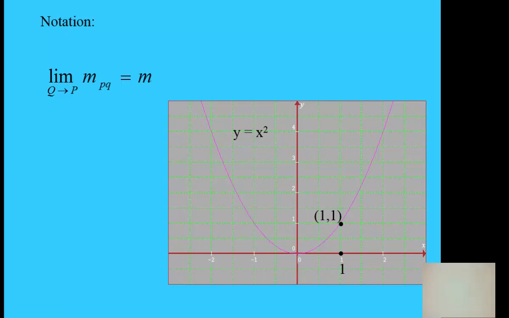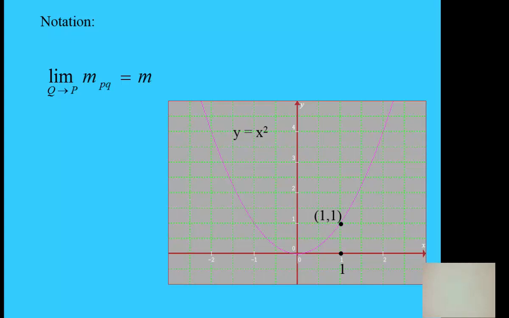So we took this graph of y equals x squared, and we said we're going to try to find the slope of the tangent line to this graph at the point (1, 1), when x equals 1. And that's typically how we identify where we're going to find the slope of the tangent line, is giving just the x value. But I'm saying we're going to find the slope of the tangent line where x is 1 and y is 1. So let's take a look at this notation here.